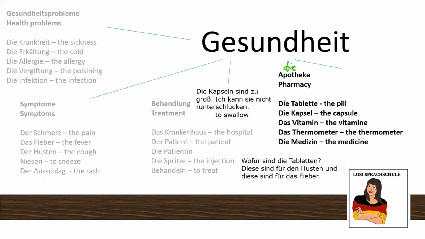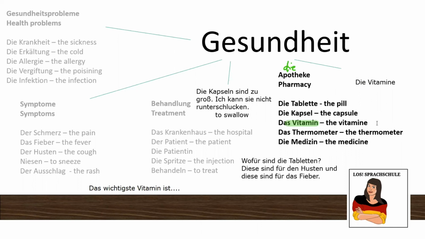Das Vitamin sounds really stupid in German, I must say. I wanted to give you the singular, but please don't use it like that. It is die Vitamine. Das wichtigste Vitamin ist. Of course, this is correct, but we don't say it like that. It's more common to say vitamins are really important or something like that, right? So the plural is more natural. Das Thermometer.